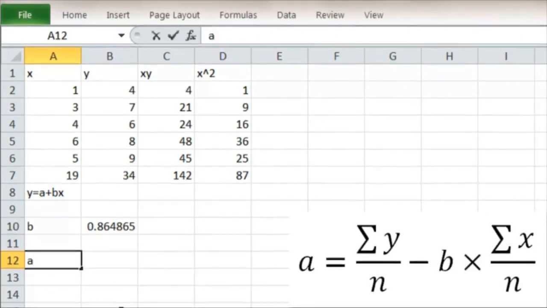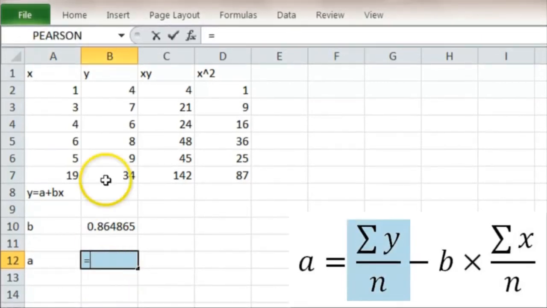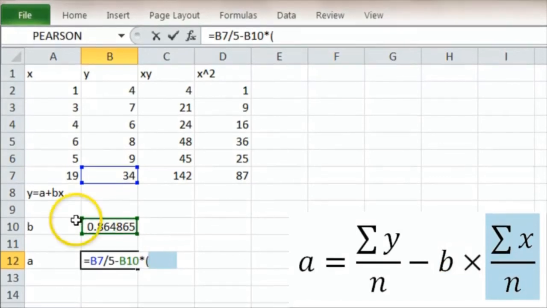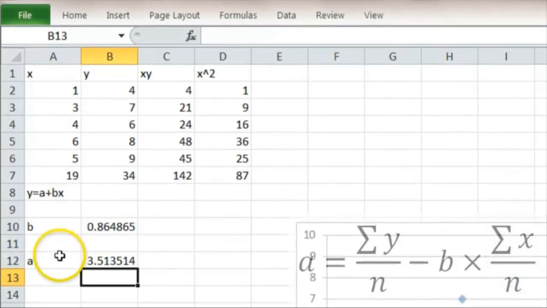We then find a, and the formula for a is the average value of y, so it's the total divided by 5, take away the b number times the average value of x, which is the total x divided by 5, and that gives us that.